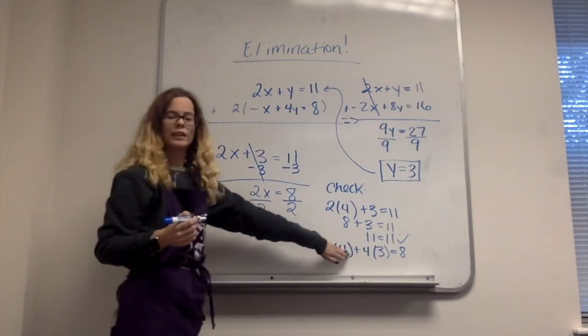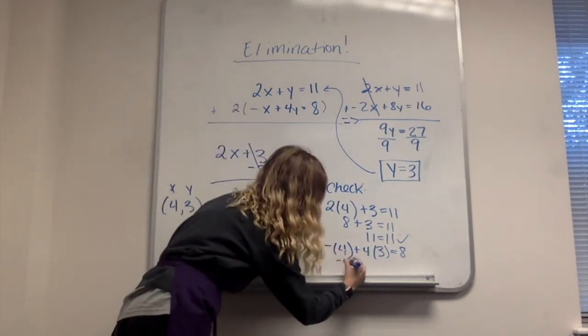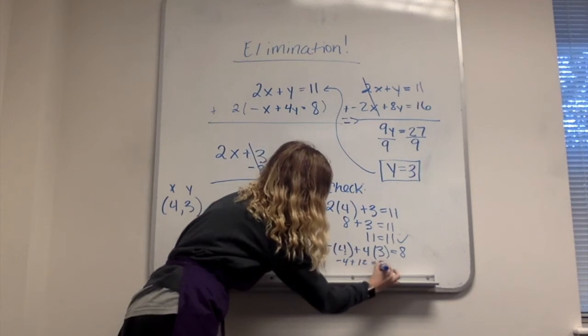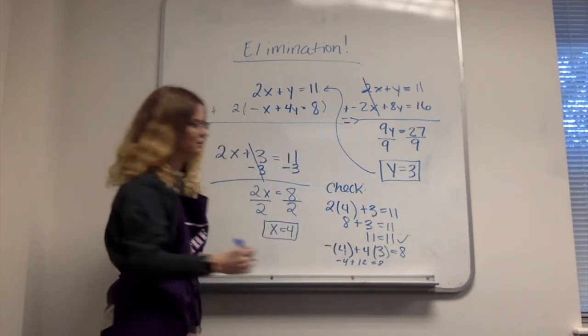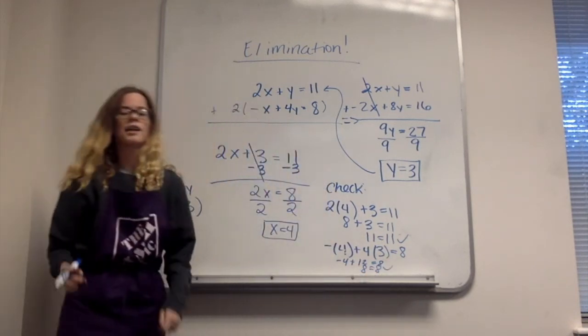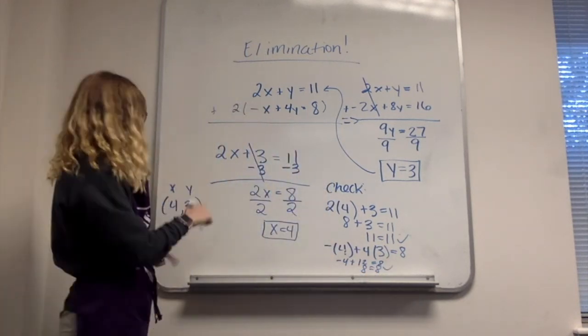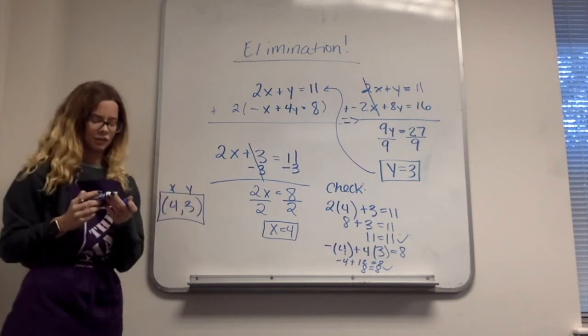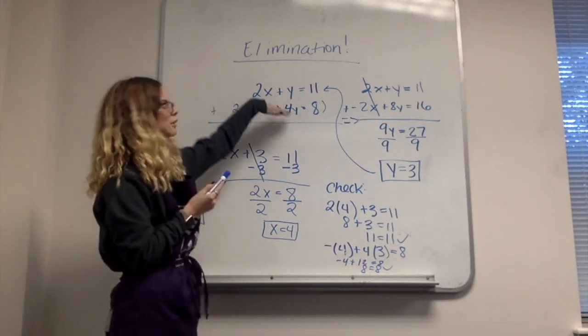Well, negative 1 times 4 is negative 4. Plus 4 times 3, which is 12. Negative 4 plus 12 is 8. Hopefully y'all can see that. So 8 equals 8. Therefore, we know that this 4, 3 is the solution to the following equations.